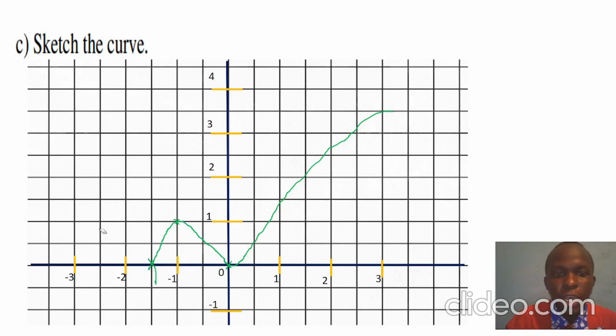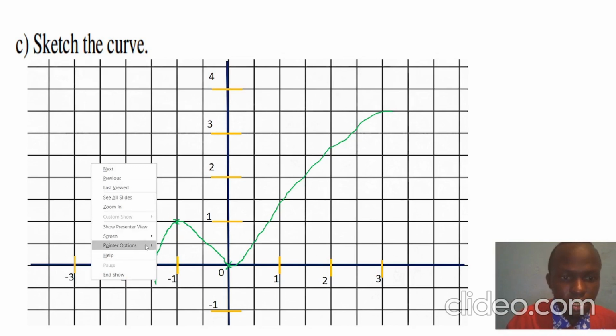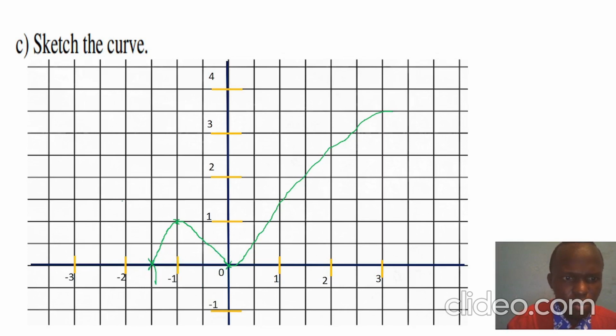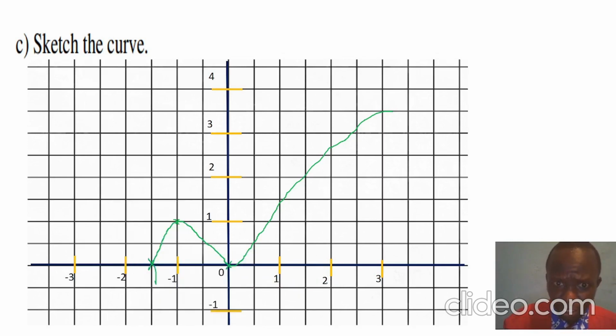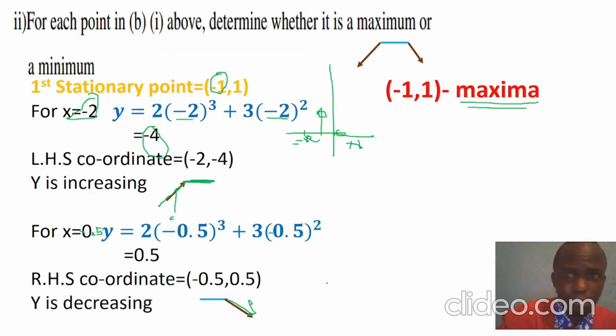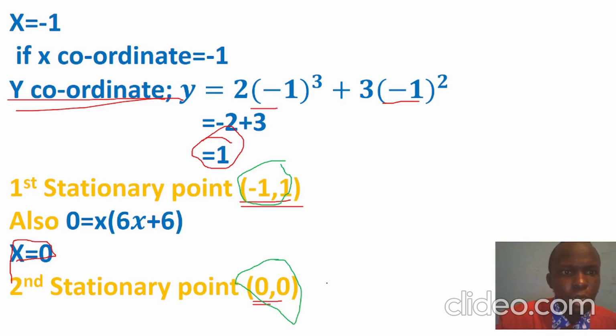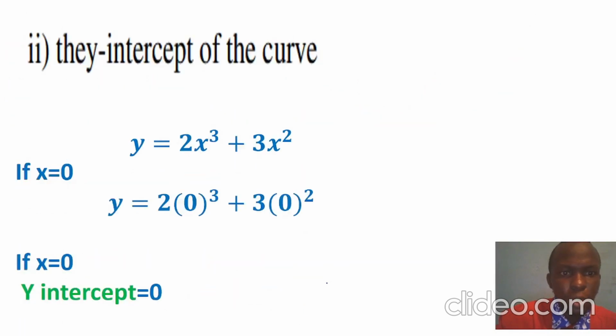Now, any particular graph must be labeled. So let us label our graph. Let me use a different color. I think I really like red. Let me not be biased in this case. Let us go to the equation. What's the equation? y is equal to 2x cubed plus 3x squared.